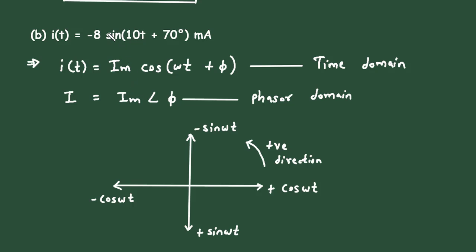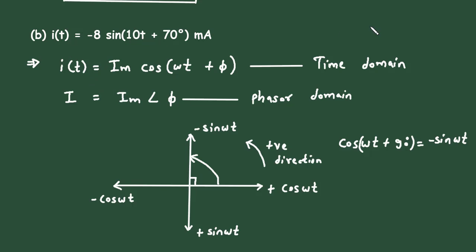Here we have to convert the minus sine to cosine form. That means we want to go here, and this angle is 90 degrees. So cos(omega t + 90 degrees) is equal to minus sin omega t.